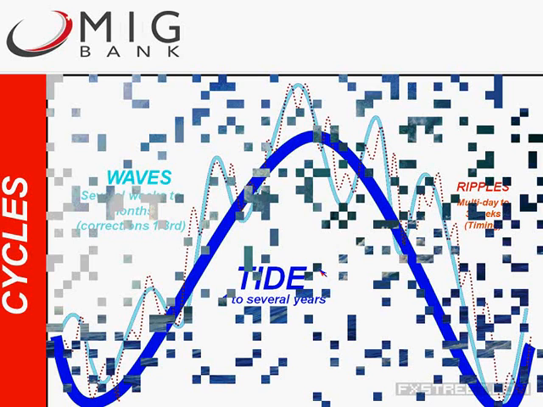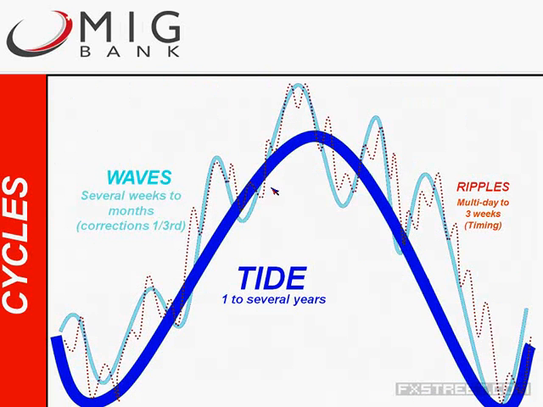Keep in mind that the tidal wave affects the waves and the ripples in a kind of fractal way, and the long-term tide or the long-term cycle is 1 to several years. The medium-term wave or cycle is several weeks to several months, and markets tend to correct 1/3 of the medium-term cycle. And then finally, ripples, the short-term cycle, which tends to be multi-day to 3 weeks. And this is quite good for timing.